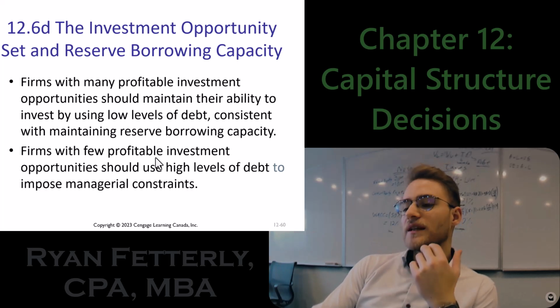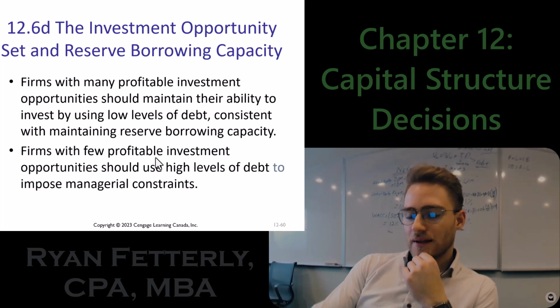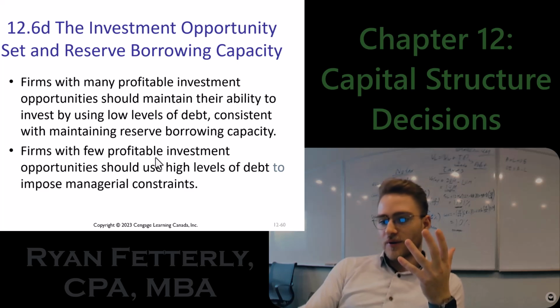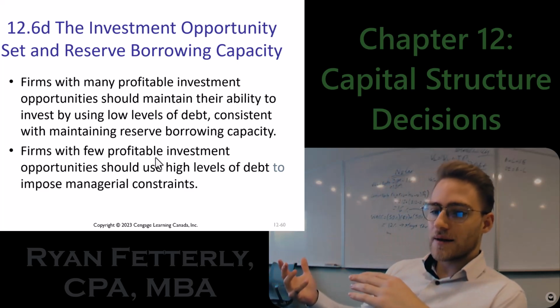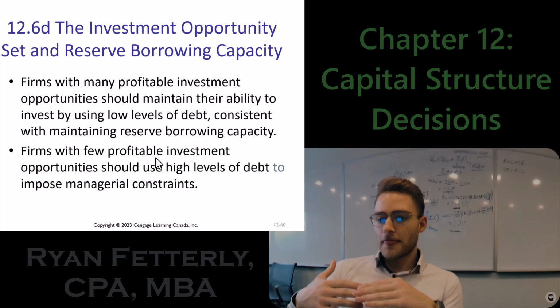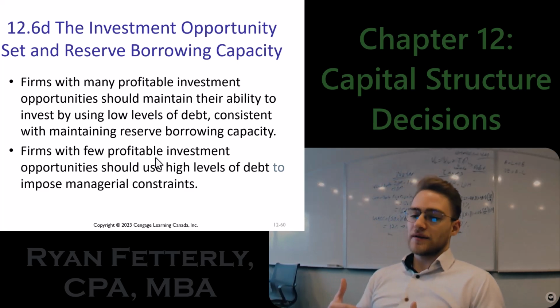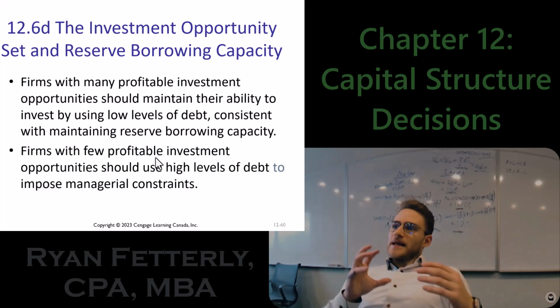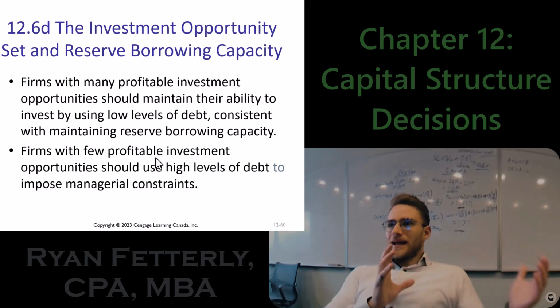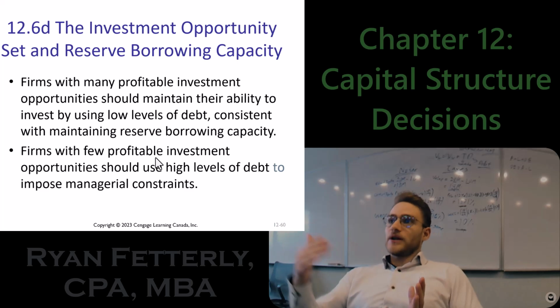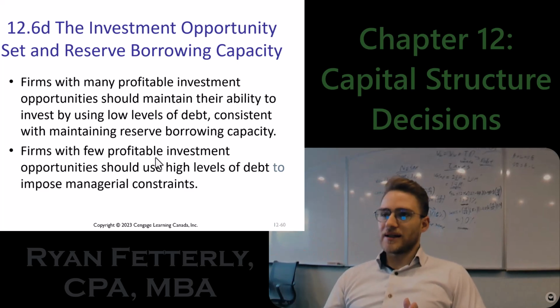So the investment opportunity set and reserve borrowing capacity. Firms with many profitable investment opportunities should maintain their ability to invest by using really low levels of debt while maintaining a reserve borrowing capacity, right? So by basically keeping, say, my debt low at, say, like 20%, 80% equity, when I have really good opportunities, I can very easily go and get debt financing, right?